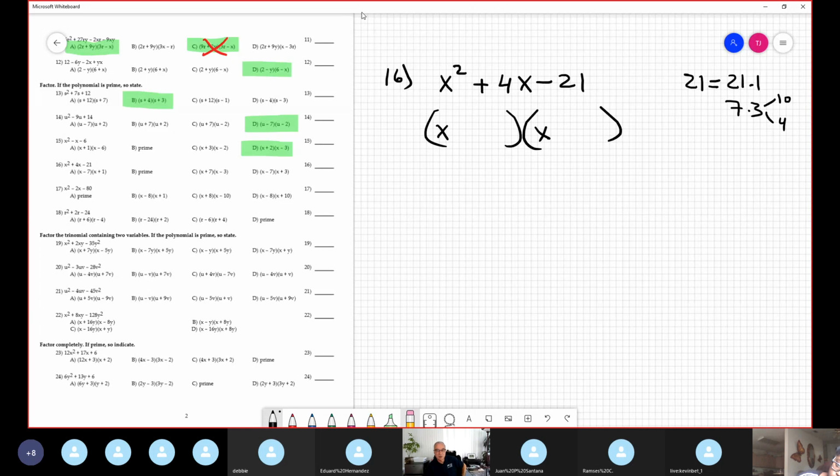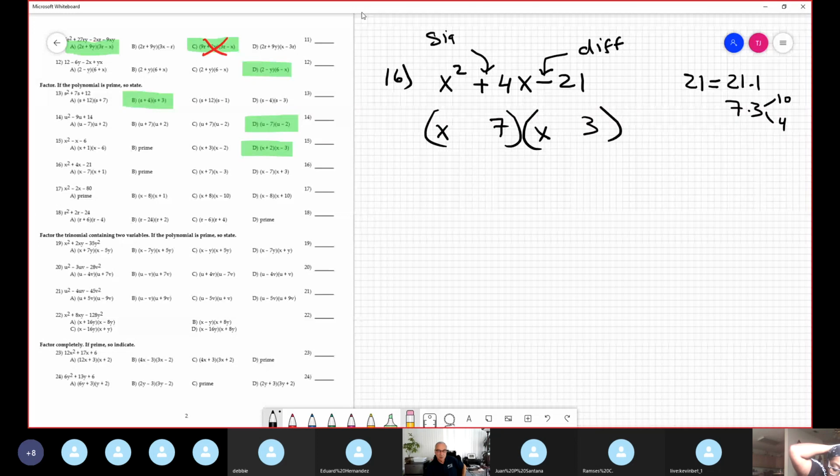So the combination is 7 and 3. Remember, I like this way: put the bigger in the first factor. The order doesn't matter, but it's okay. This sign is negative, that means different signs. Who is positive, who is negative? This is the sign of the greater number, so this is positive, the sign of 7, the bigger number. Plus, minus. Done.